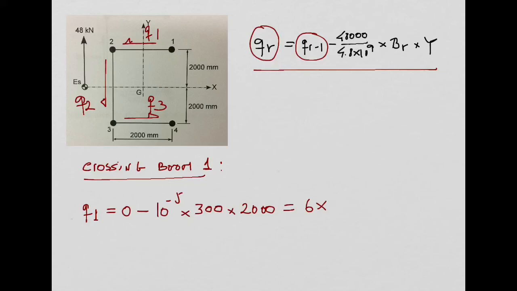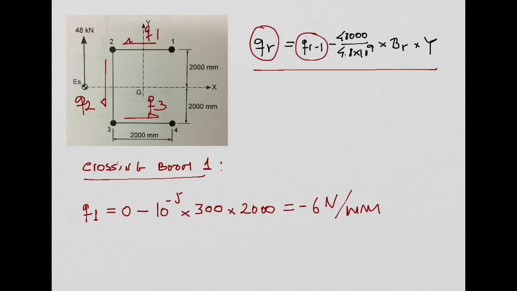You have 6, isn't it? Newtons per millimeter. You agree with me? Minus, of course. I just wanted to check if you were paying attention. No, I'm lying. It was my mistake. Minus 6.